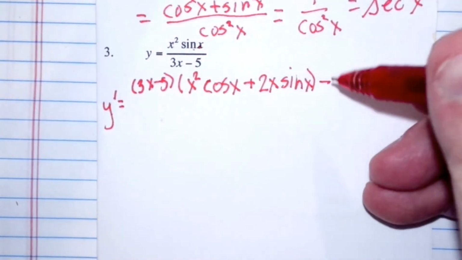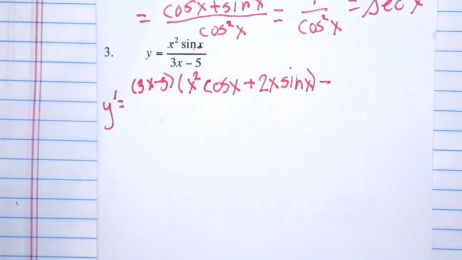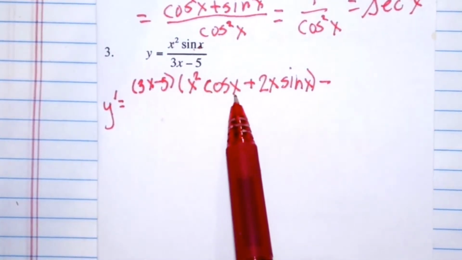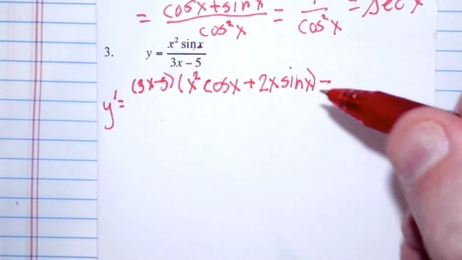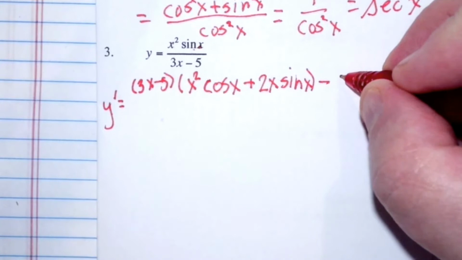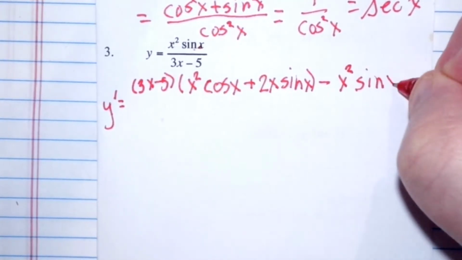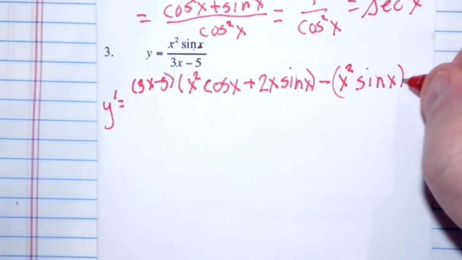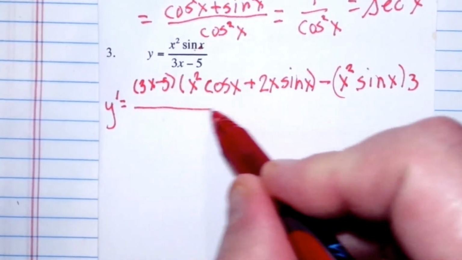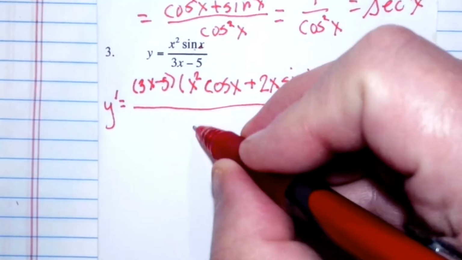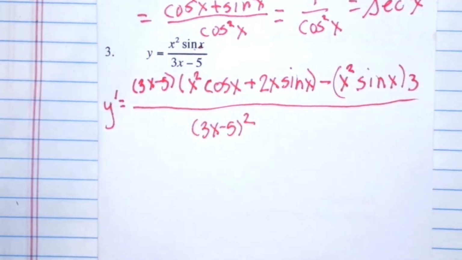Now we've completed the product rule, and so now we need to go back to the quotient rule. We have the denominator times the derivative of the numerator. Now we need minus the numerator times the derivative of the denominator, which is 3, and that's going to be all over 3x minus 5 squared.